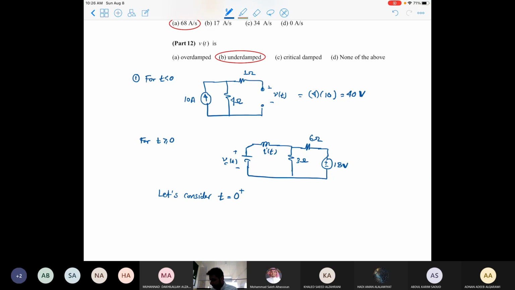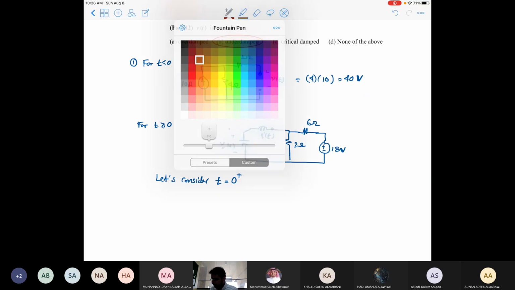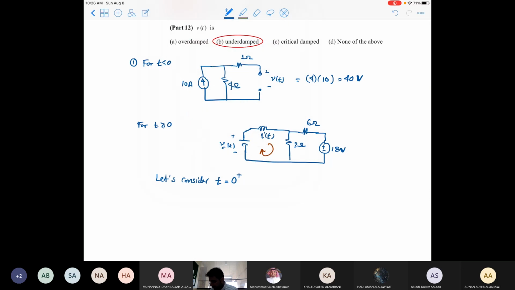So let's apply KVL here in this loop. If we apply KVL in this loop, we're going to get minus the voltage across the capacitor equals 0, plus the voltage across the inductor equals 0, plus the voltage across the resistor equals 0.